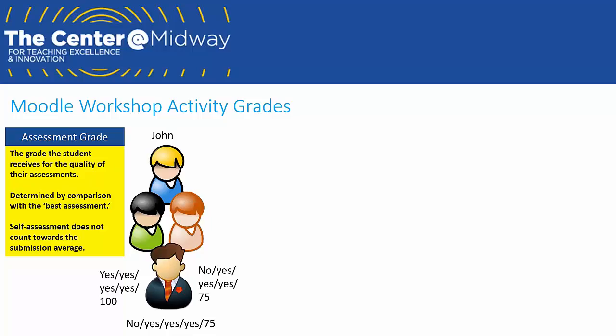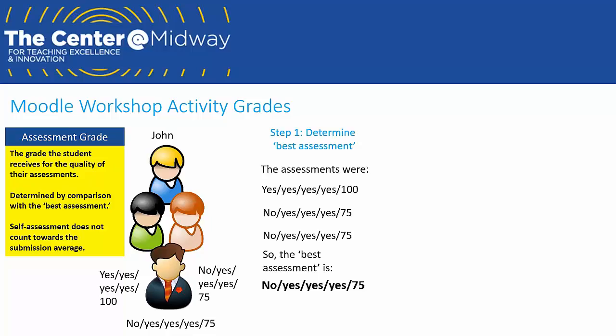So in this instance, where one person gave an assessment of yes, yes, yes, yes, and the other 2 people gave an assessment of no, yes, yes, yes, the best assessment is going to be no, yes, yes, yes.